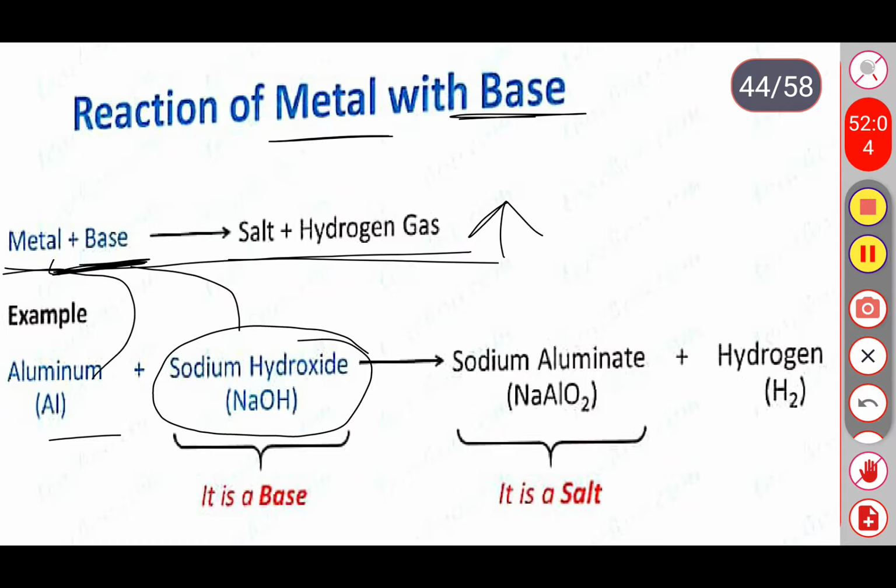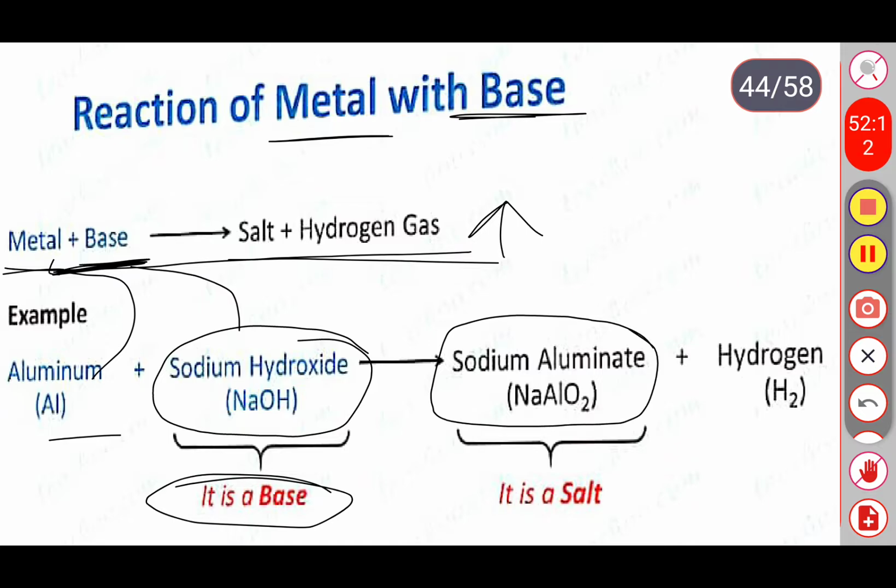What is the molecular formula of sodium aluminate? NaAlO2. So it is a type of salt, along with hydrogen gas. This is the example for the reaction of a base with metals.